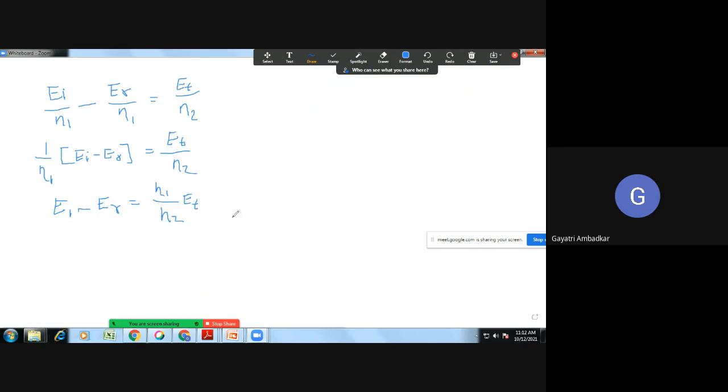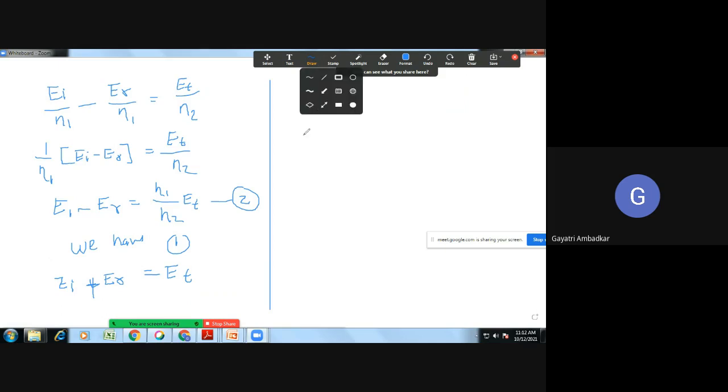So the two equations are Ei plus Er equal to Et, and Ei minus Er equal to eta 1 by eta 2 times Et. Now we solve these two simultaneous equations.